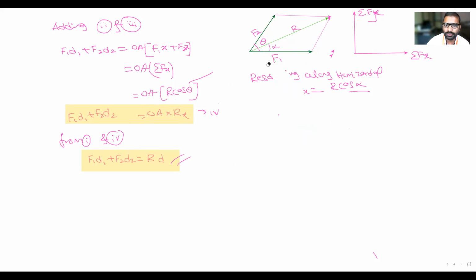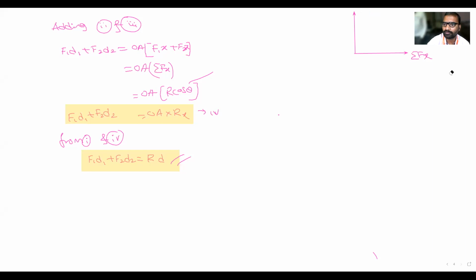Okay. So after the moment is determined, we have to find out how much is the distance along the x and y direction. You have to find out along x and y.